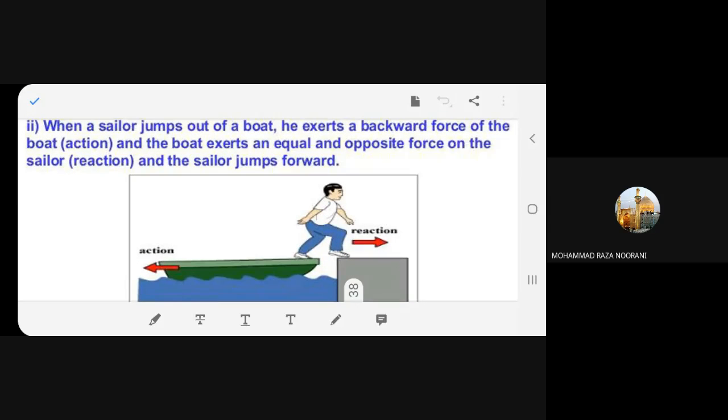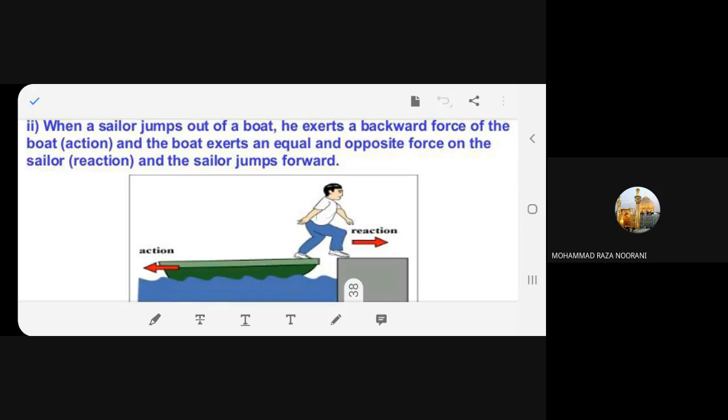When a sailor jumps out of the boat, he exerts a backward force on the boat, which is the action, and the boat exerts an equal and opposite force on the sailor, which is the reaction, and the sailor jumps forward.